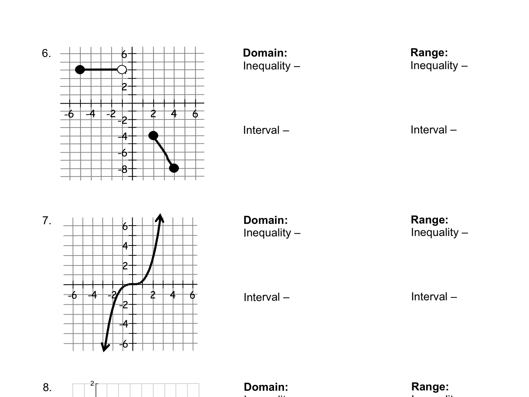All right, number 6, the same thing. When we look at this one, we're going to think about the smallest x value that I can have. If I'm looking at this axis, it's right here, and the smallest x value that I see looks like it's right here, which is -5.